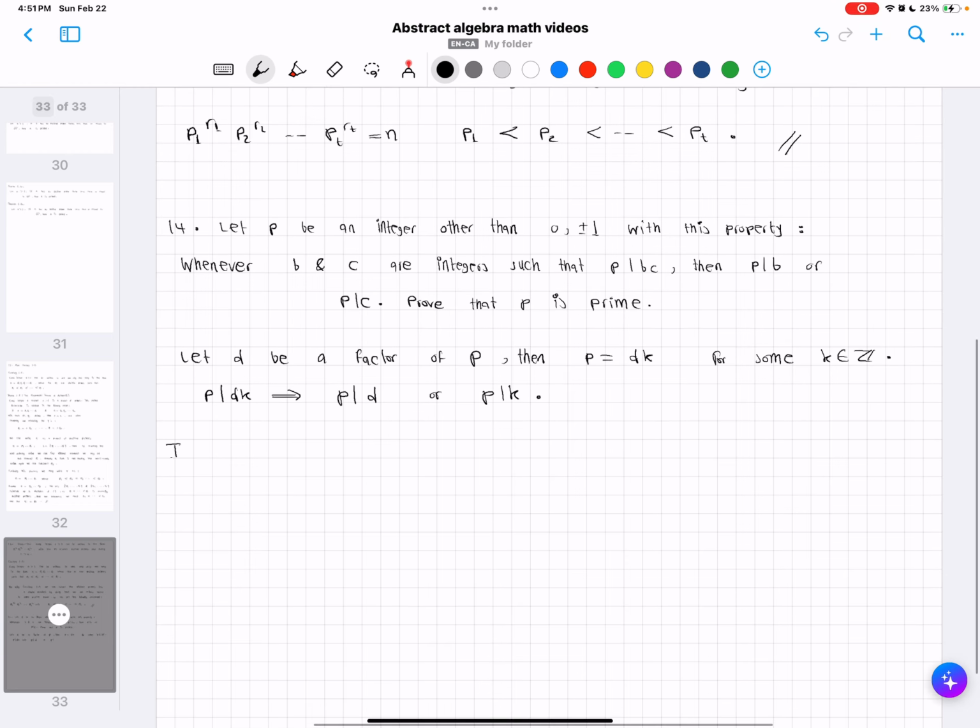So if P divides D, then you can write D as P times R. So P times R is equal to D. So therefore, you can write P as P times R times K, which is PRK. So therefore, R times K is 1.